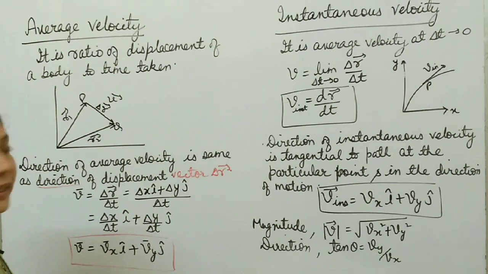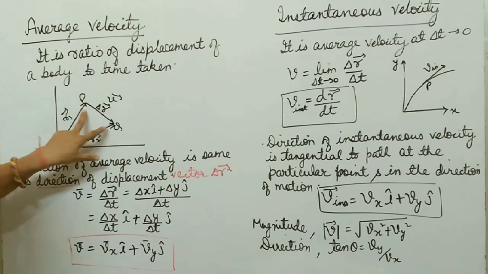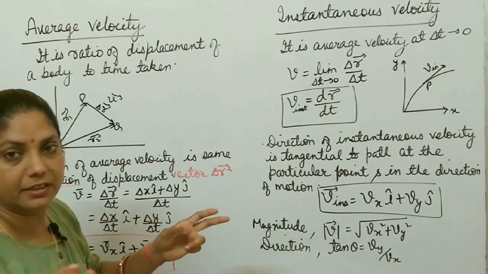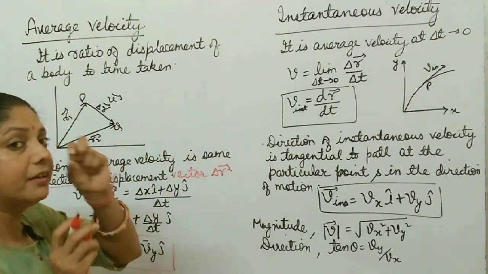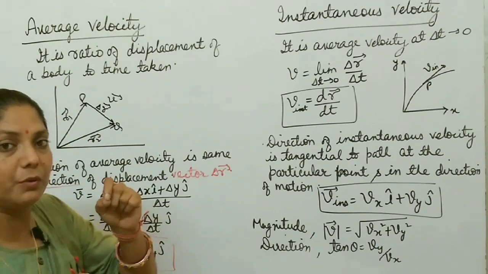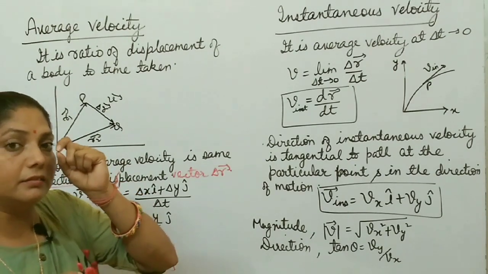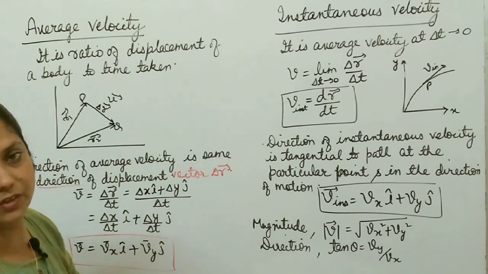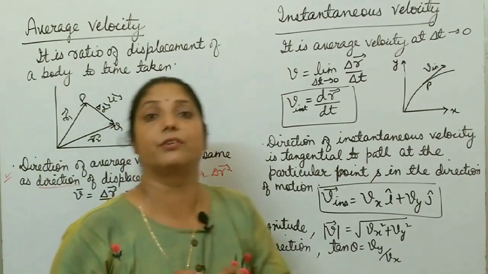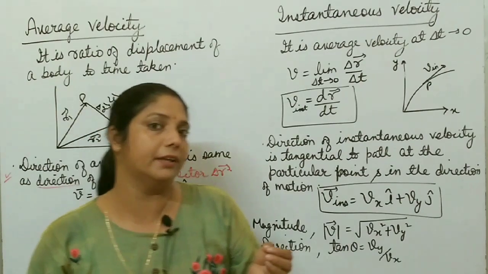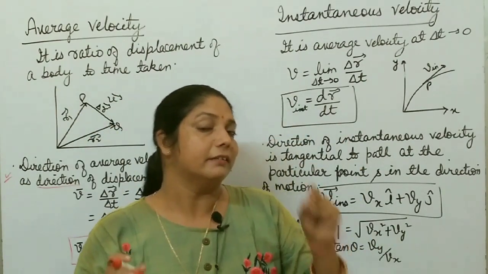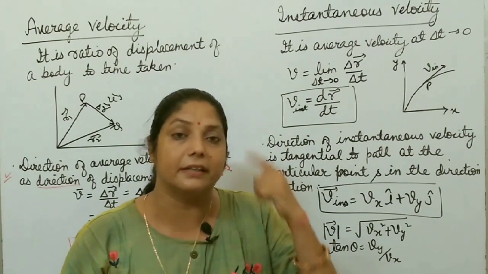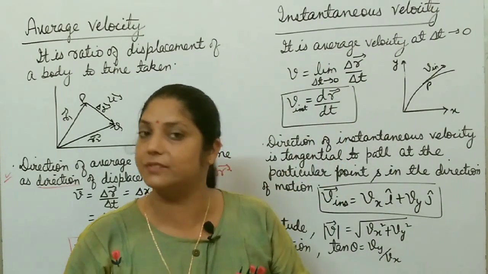Now what is instantaneous velocity? Average velocity is used when the time interval is very large, and the change is very large. But when the change is very small, when the time interval is very small, at that time we use instantaneous velocity. You know, in a vehicle, when you're driving any car or truck, a speedometer is there that gives the exact velocity at any time. That exact velocity is nothing but instantaneous velocity.